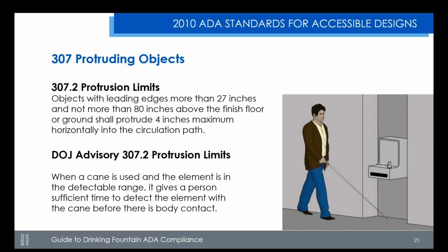Objects with their leading edge, which is the lowest point on the front of the element, those above 27 inches, that leading edge above 27 inches may only protrude a maximum of 4 inches into the path of travel, but so long as that leading edge of the element is at or underneath 27 inches, then this is considered to be detectable by detection cane, according to the Department of Justice.